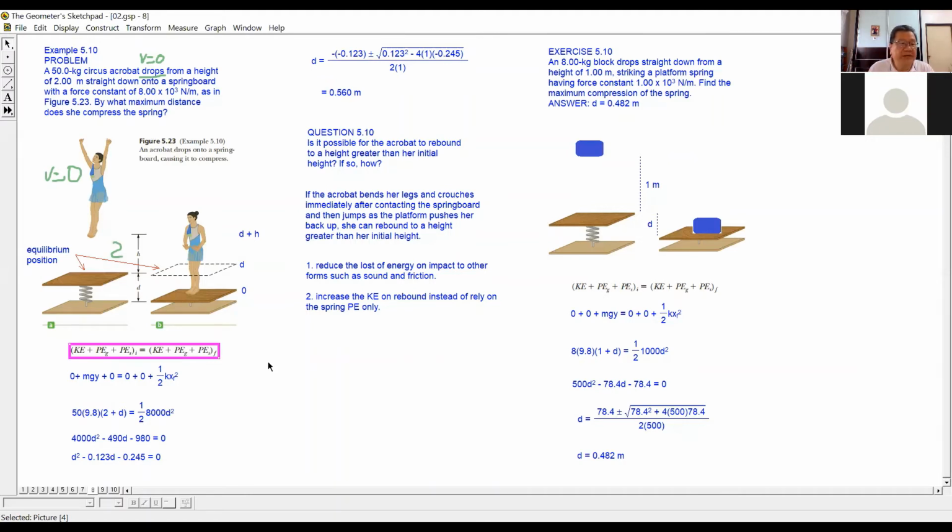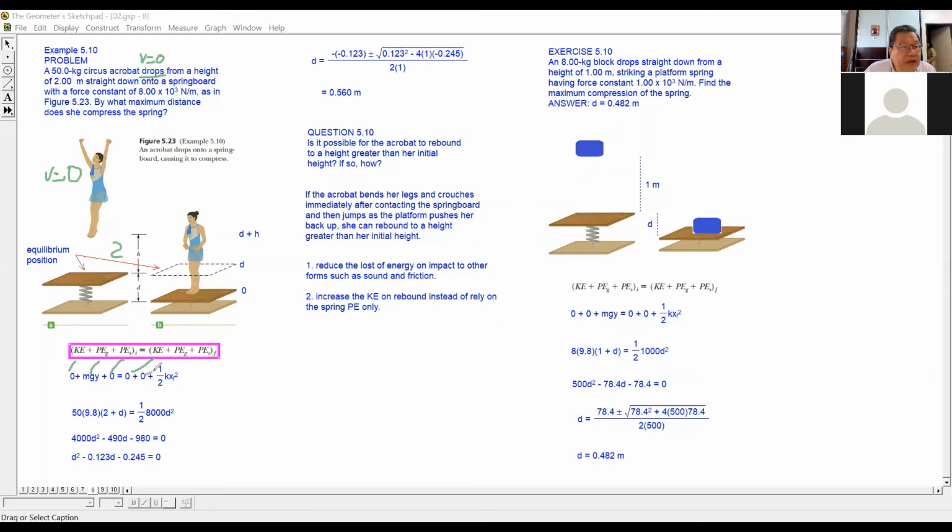So, the initial kinetic energy is zero because she dropped down. Initial potential energy, yes, she has. Initial spring energy, don't have because initially the spring is not compressed. Final kinetic energy, zero, because after compressing the spring, you come to a stop.